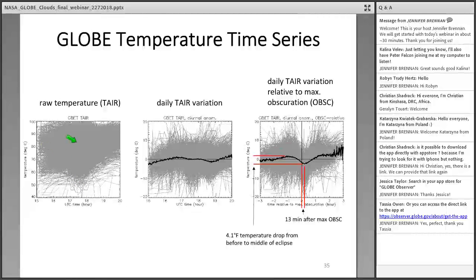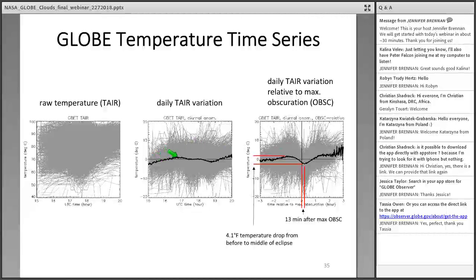Now, we don't want this to look like spaghetti, so what we can do is remove the mean temperature observed by each observer to get the temperature change over the course of the day as seen by each observer. I'm showing that here in the middle. The eclipse occurred around late morning to early afternoon, so you would normally expect the temperature to rise, as shown by the black line here, and peak later in the day.